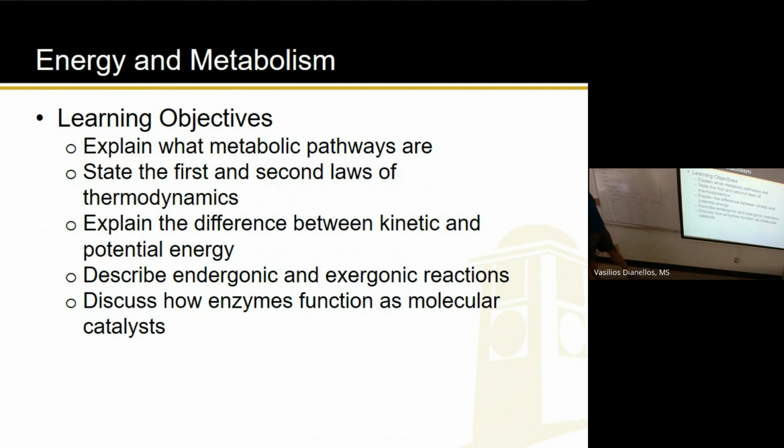You should be able to describe endergonic and exergonic reactions, and I'll go ahead and tell you now, you will need to describe them, but I'm not necessarily going to be focused on the nomenclature, like endergonic and exergonic. I'm not worried about the words. I just want you to understand the concepts. And then finally, you should be able to discuss how enzymes function as molecular catalysts. And if you don't know what a catalyst is, that's something that basically helps a chemical reaction happen.